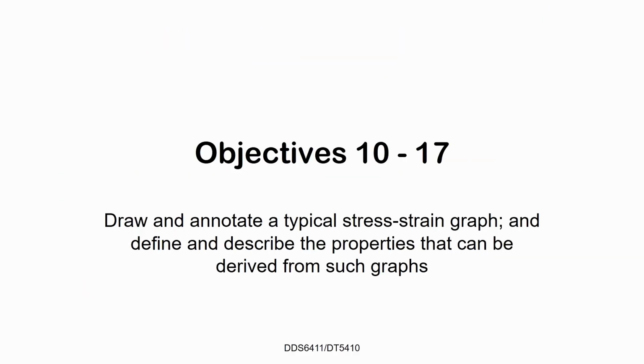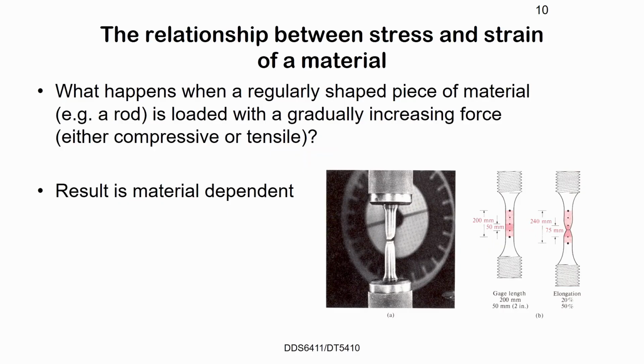Right, so I've defined stress and strain, and you've seen a demonstration. When you put a load on something, it will change in shape or form. So how are the two linked together? It's material dependent.